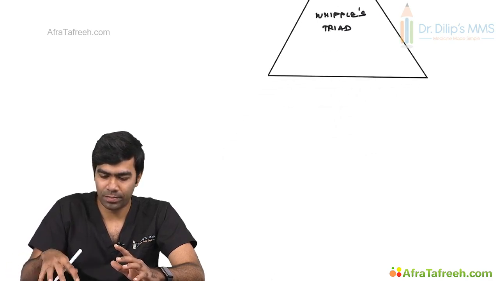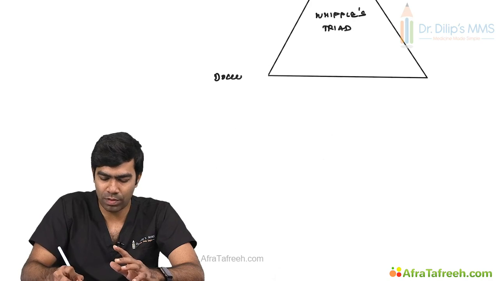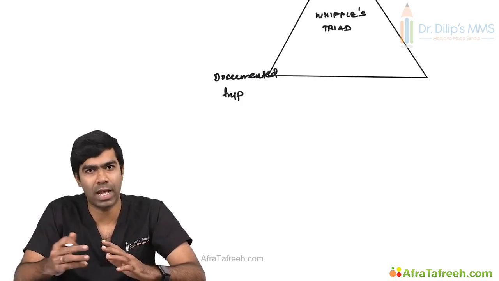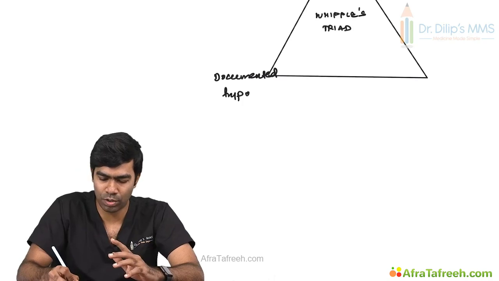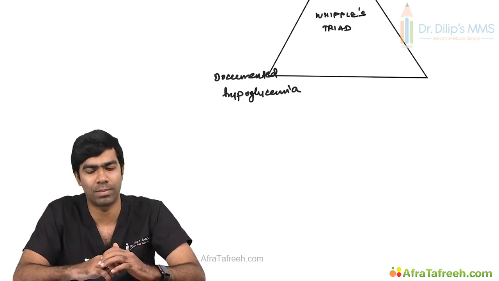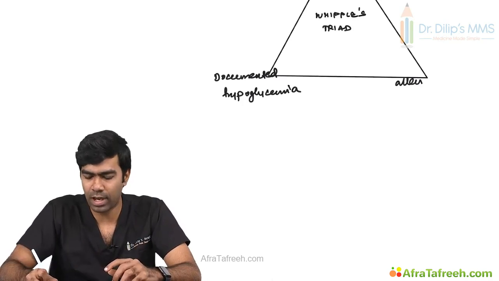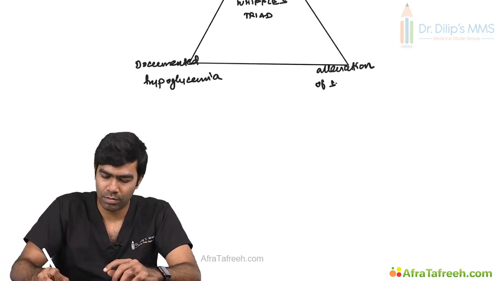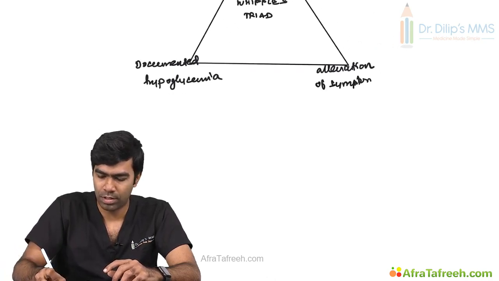Coupled with that, there should be documentation of that hypoglycemia by some value like plasma glucose, which is the gold standard, but sometimes can be the CBG value also, capillary blood glucose also. But there should be some documentation of that blood glucose value. It's a documented hypoglycemia. And finally, there should be alleviation of these symptoms of hypoglycemia with glucose administration.